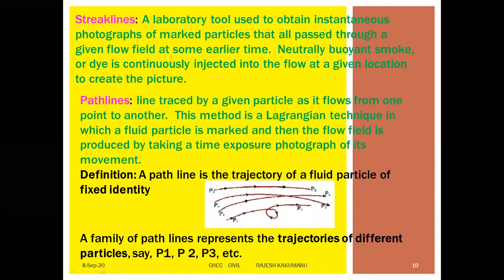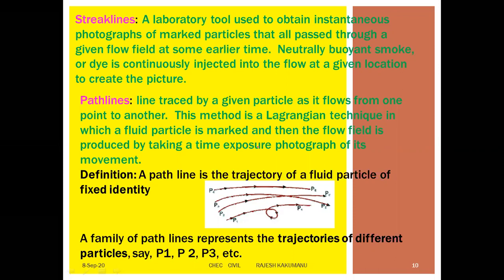Next definition is the streak line. So what are streak lines? A streak line is a laboratory tool used to obtain instantaneous photographs of marked particles that have passed through a given flow field at some earlier time. Literally, buoyant smoke or dye is continuously injected into the flow at a given location to create the picture.